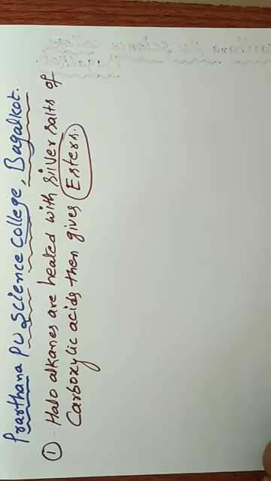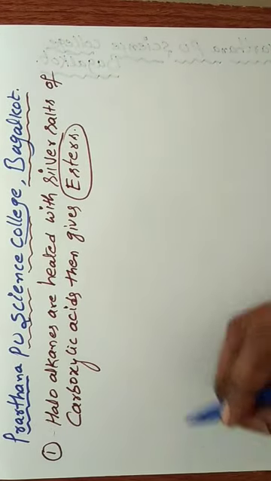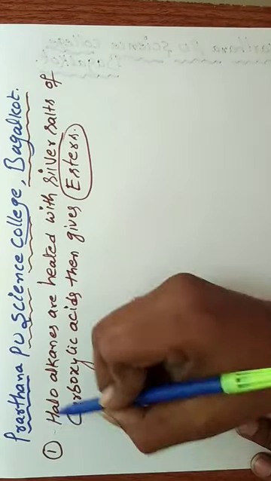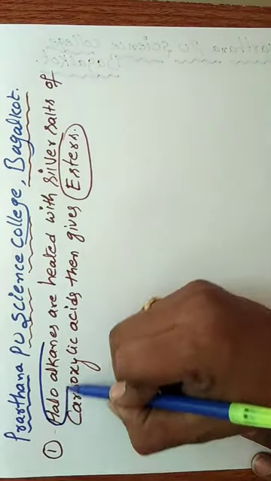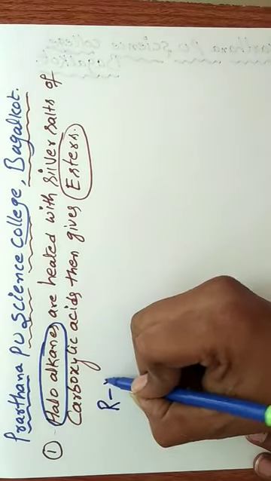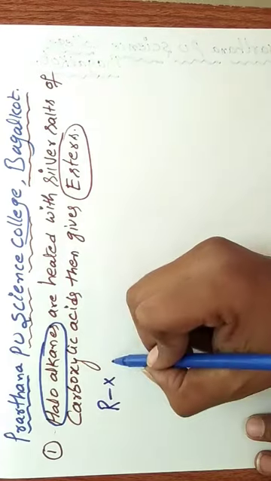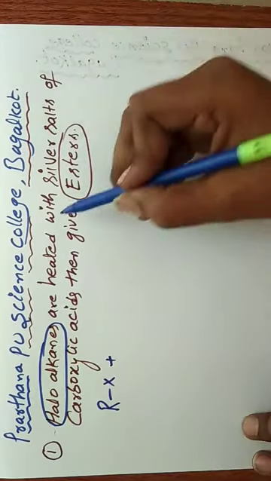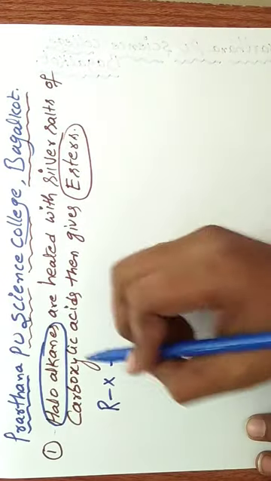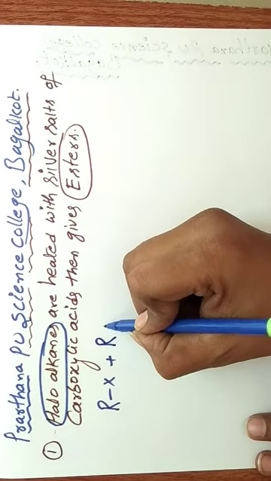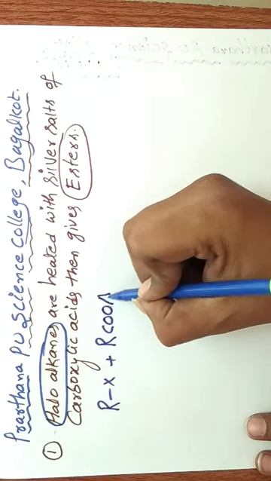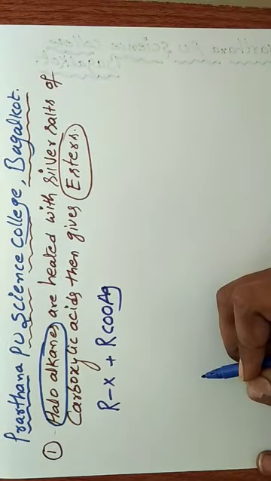First of all we discuss the normal reaction. What is the general formula of a haloalkane? R-X. It is heated with silver salts of carboxylic acids, whose general formula is R'COOAg.